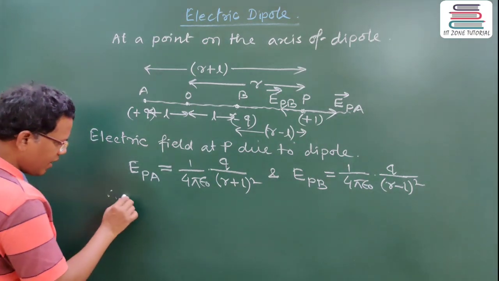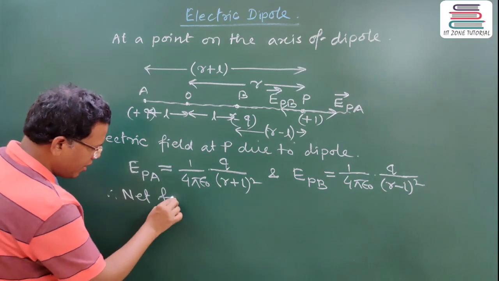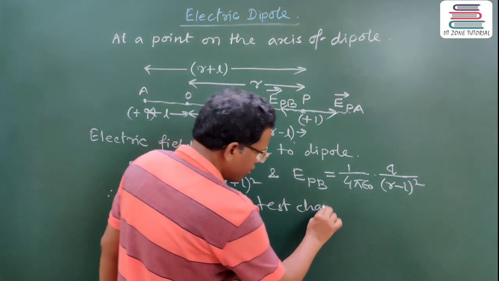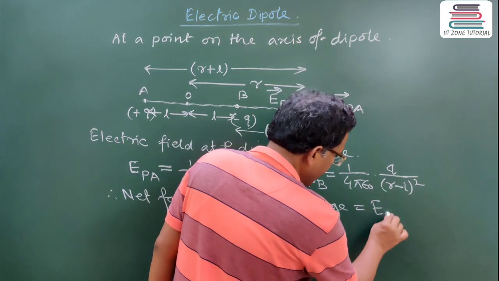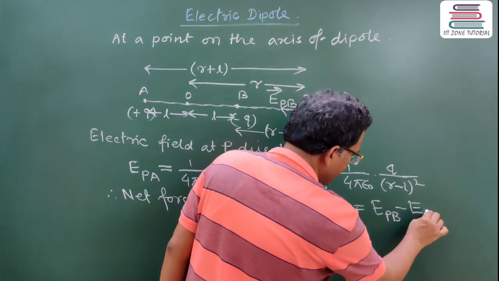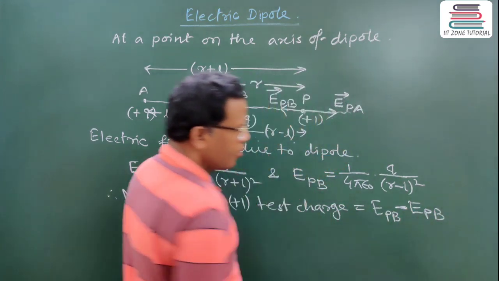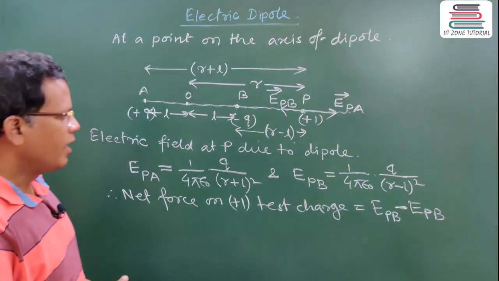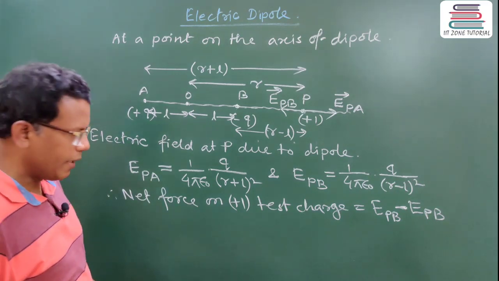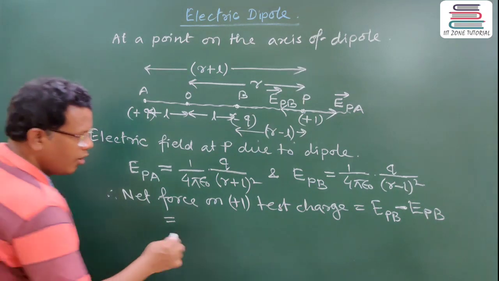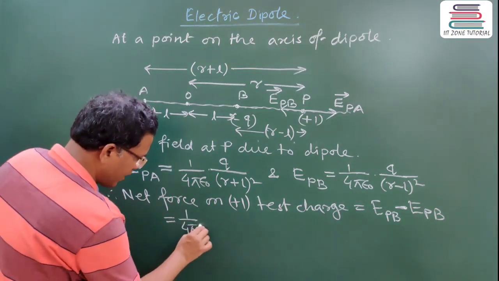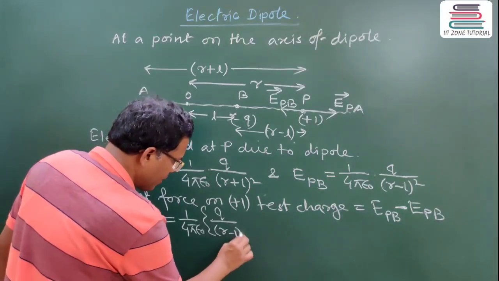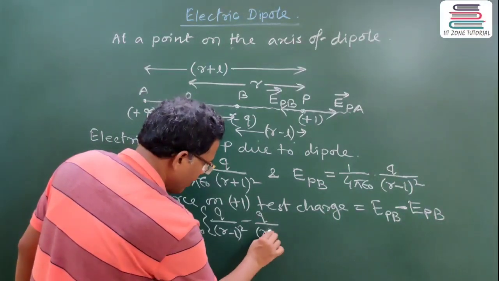Therefore the net force on the plus 1 test charge must be equal to EPB minus EPA, because they are opposite in direction, so the resultant force will be the magnitude difference between them, greater for EPB than EPA, and that difference will become 1 by 4 pi epsilon naught, taken common, and the rest will be Q by (R minus L) whole square minus Q by (R plus L) whole square, right?